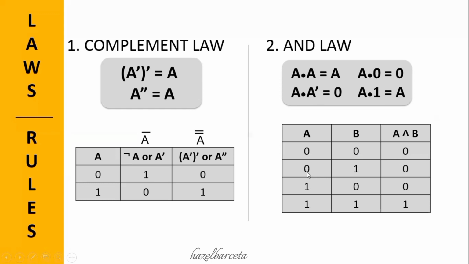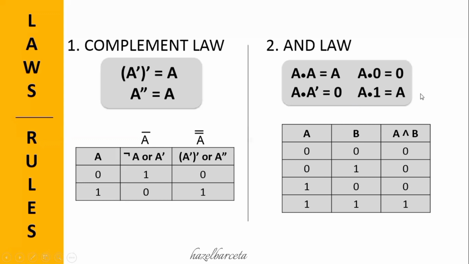When A is 0, combined with its complement, which is 1, the result is 0. A times 0: when A is 1, combined with 0, the result is 0. When A is 1, combined with 1, the result is 1, which is also A.